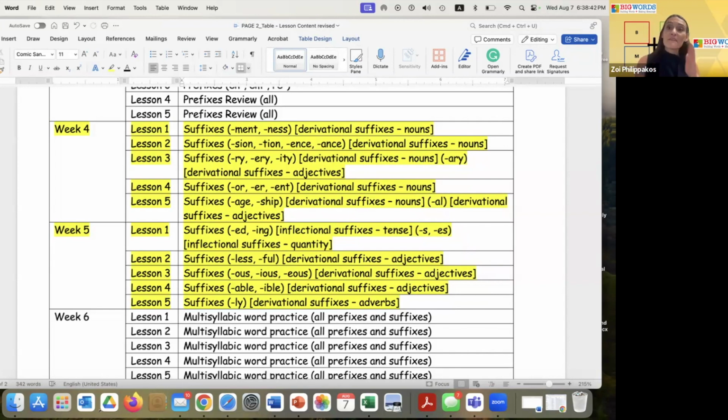Now, derivational suffixes are used to change a verb to a noun, or a noun to an adverb. For example, when I say comprehension, the word derives from comprehend. So I added -sion and I changed the verb comprehend to a noun, comprehension.